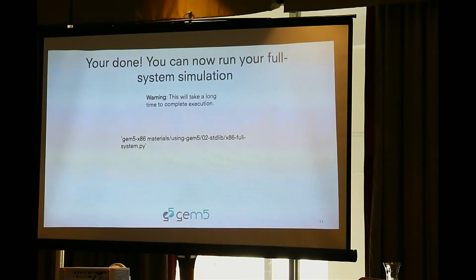In this last part, where we're running the full system simulation, I've introduced how you declare your requirements at the beginning of a simulation. We've incorporated a more exotic Ruby cache hierarchy, the MESI two level cache hierarchy, and you saw how that's the same as before.